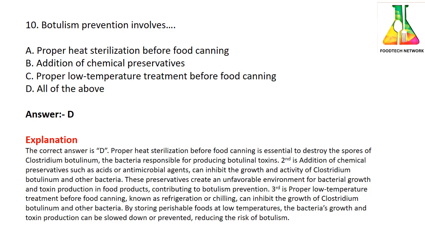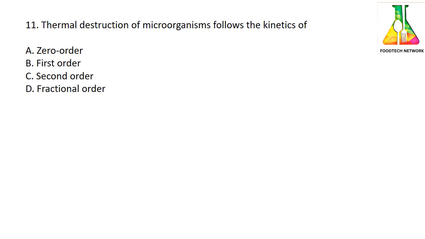The third option, which is low temperature treatment, is essential and it is also known as refrigeration or chilling. It also inhibits the growth of Clostridium botulinum and other bacteria by storing perishable food products at a low temperature. The bacteria's growth and toxin production can be slowed down or prevented, and it can ultimately reduce the risk of botulism toxins.